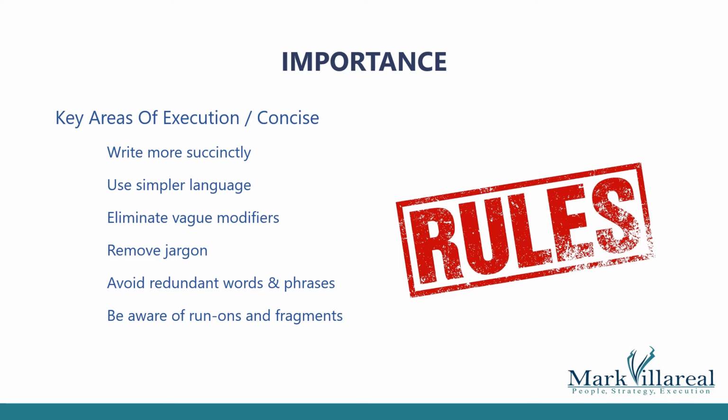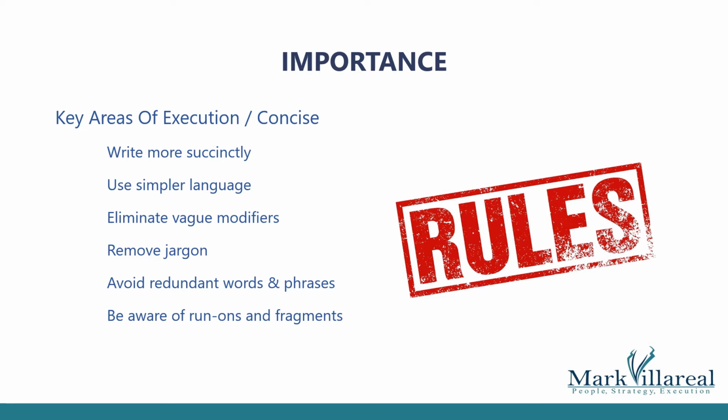So this is why we say use simpler language. Eliminate what we call vague modifiers, and we'll touch on that in a minute. Remove jargon. As you know, many times I come from a background of information technology, and there's a lot of jargon that we can utilize, but not every reader is familiar with that jargon.